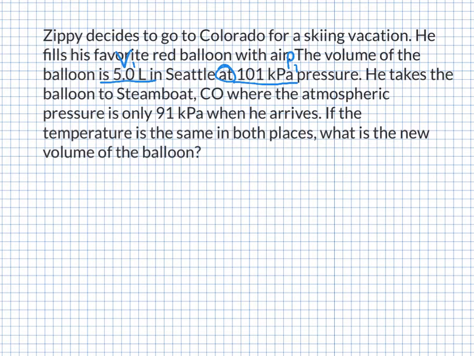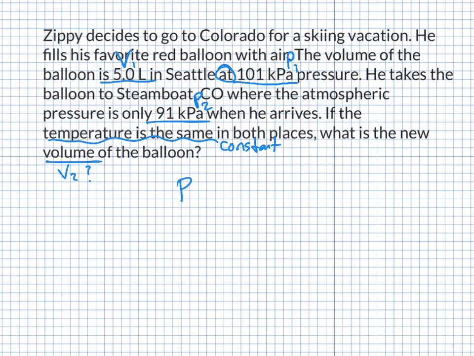That preposition right there ties those two things together. So he takes the balloon to Colorado where the atmospheric pressure is only 91 kPa. That's a different pressure. If the temperature is the same, all right, so that's constant, that's good to know. What is the new volume? So that's V2. So I'm asking about the volume.